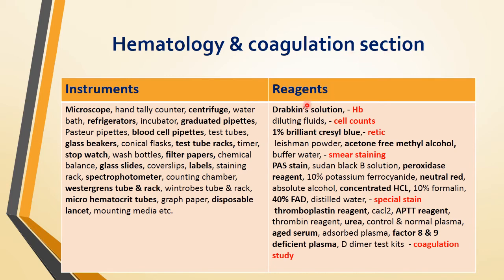So with respect to reagents, just remember the parameters which has been run in a hematology lab, so that with respect to each parameter we can list out the different reagents.